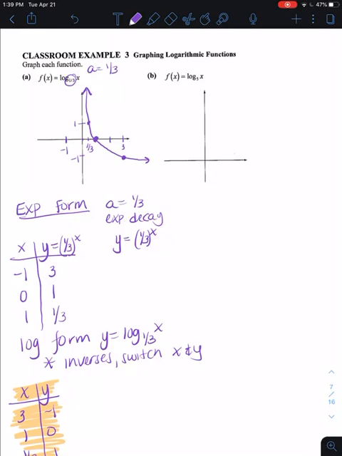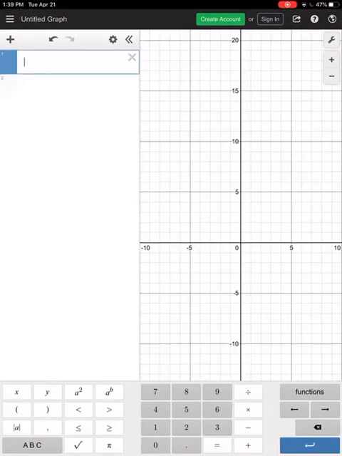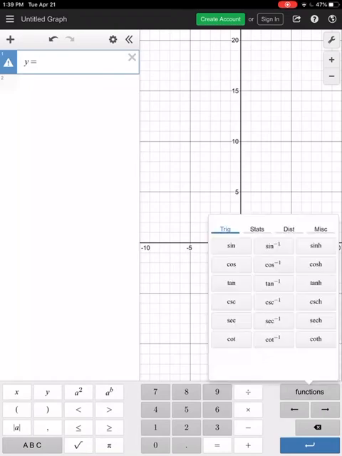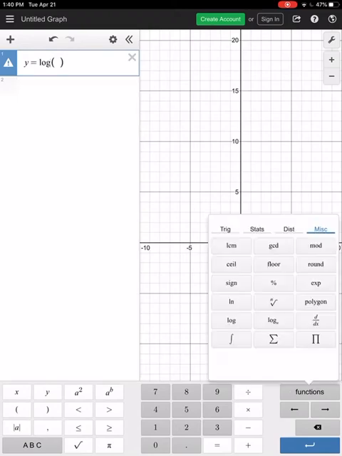All right, I'm going to put this in decimals just so you can see it, and then we'll come back and look at part B. So log base 1/3 of x. So the functions, let's do y equals. To get log, you have to hit this function button, go over to miscellaneous. You want to choose the one that says log with a little a there.